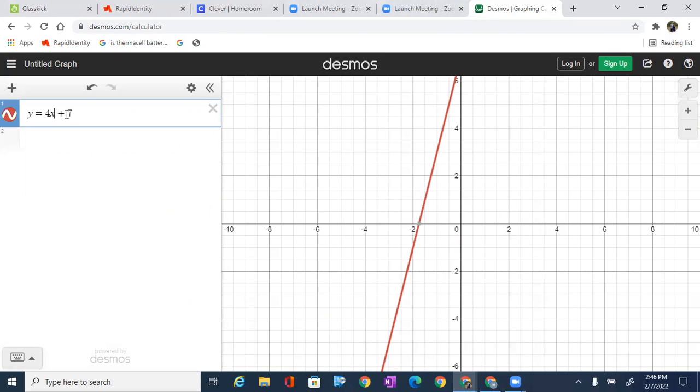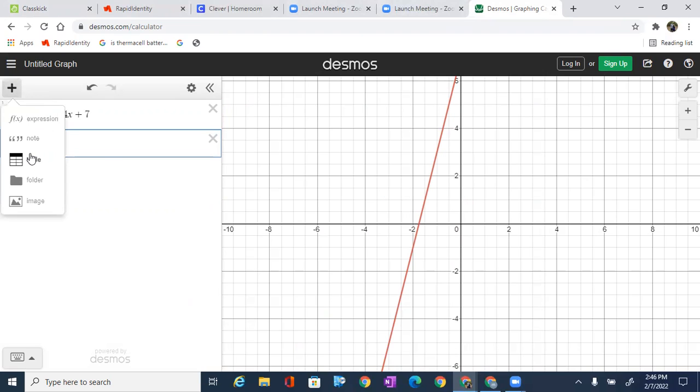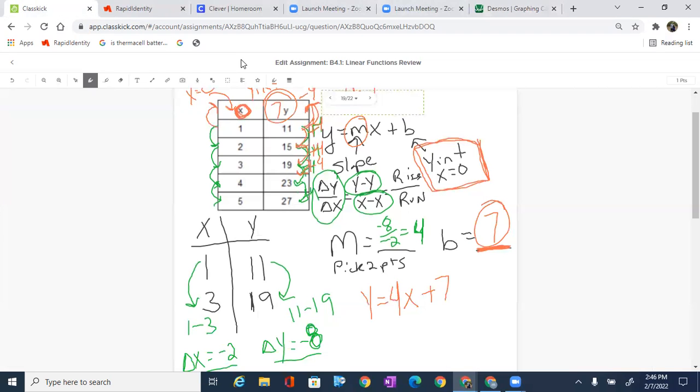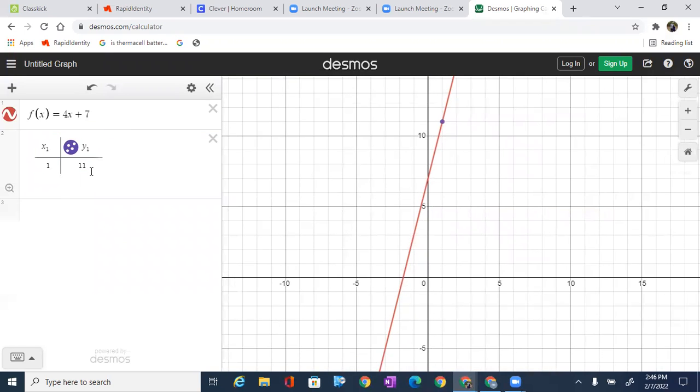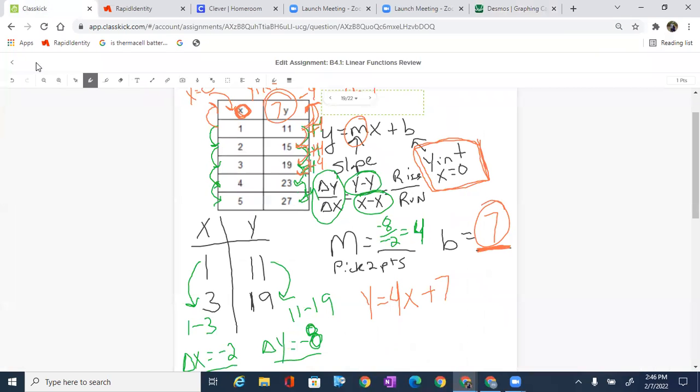In fact, I'm going to change it to a function: f of x equals 4x plus 7, which is the same thing. And I'm going to add a table and real quickly add some of these points. 1, 11. If we've done this correctly, those points should align with our line equation. So 2, 15.